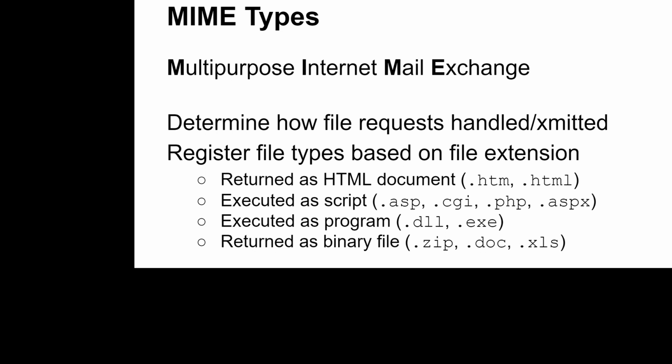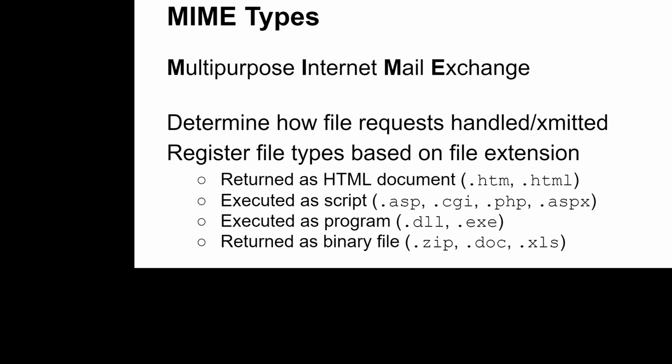So the MIME type for .htm and .html is usually just text, so that when a client requests a document that ends in .html or .htm, the web server knows to return the contents of that document basically as plain text. And then it's up to the client's web browser to interpret that text as HTML code and show the right pieces in the right places.